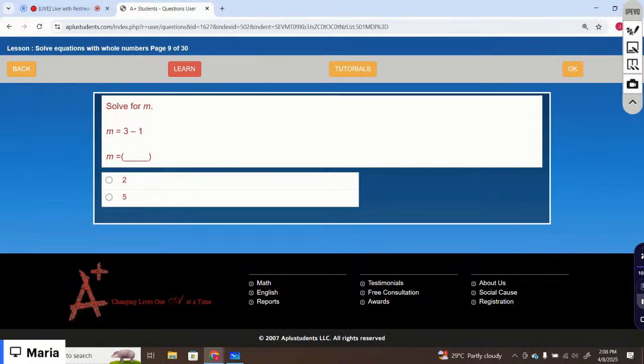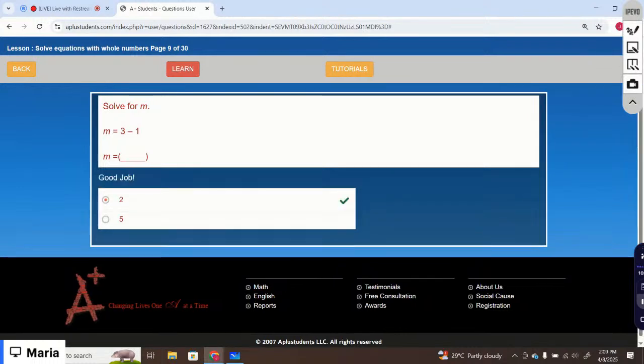Solve for m. m equals 3 minus 1. So which is the correct option? 3 minus 1 is 2.